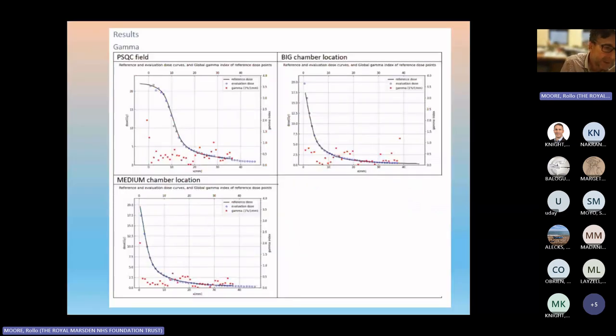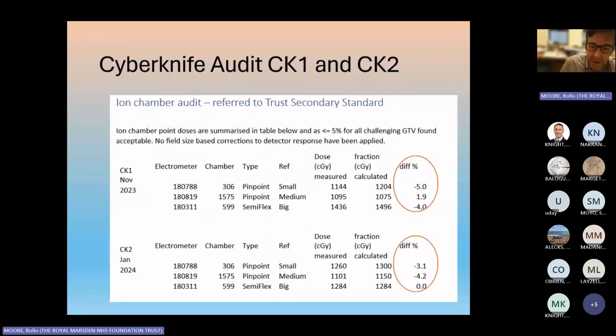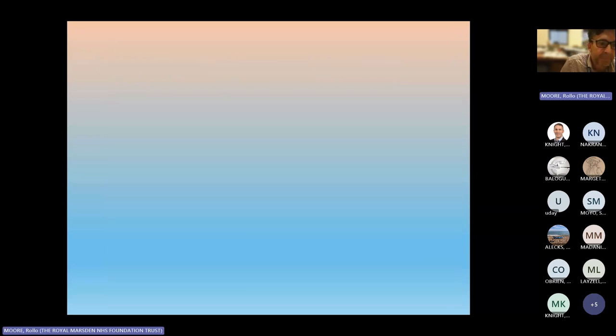I'm going to skip this briefly, but it's basically a more detailed view on similar experiments, all showing good agreement. And the agreement that we reach with the dose points are within, as the worst case, 5%, which is adequate for these high dose regions, and most of them are less than that.